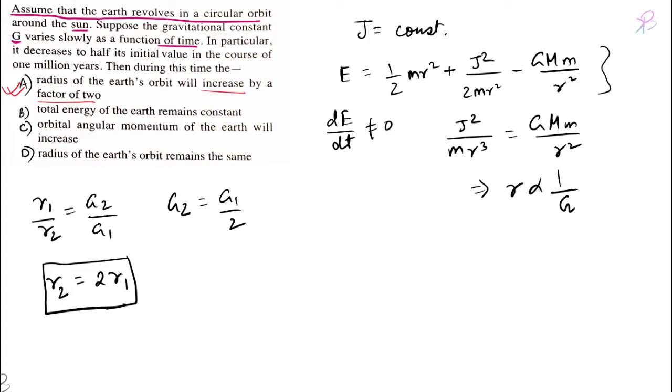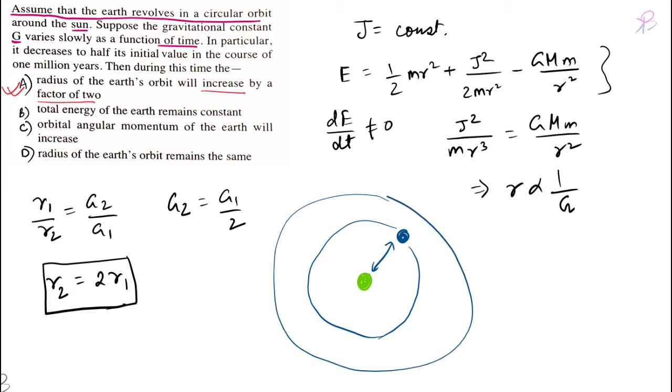Now let us understand the problem physically. So we have the sun at the center, and our planet Earth is moving in a circular orbit. Now imagine that the attractive force slowly decreases. Now what will happen? If the attractive force decreases, then definitely the radius of the orbit will increase, right?